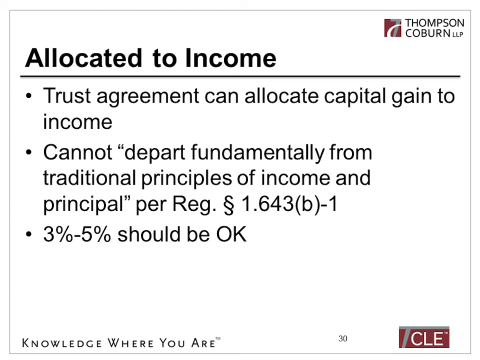But the regulations provide that the trust cannot depart fundamentally from traditional principles of income and principal. So we suggest that a 3 to 5% rule for the trustee should generally be a safe harbor, because that's generally the range for a unitrust. So if the trustee were to make distributions within that range, it seems like it would be well justified.